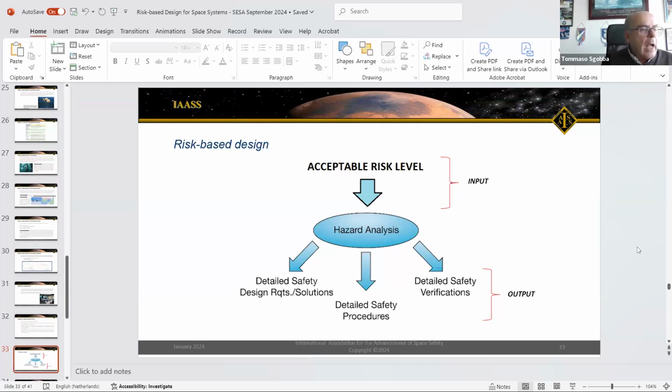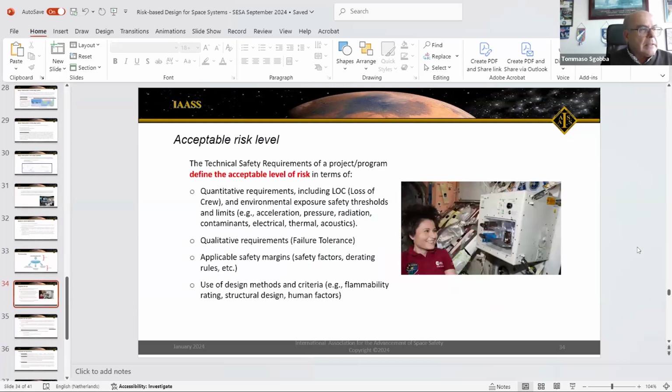How is this level defined? It is defined in quantitative terms, like loss of crew probability. So this could be a goal that is given to the developer to say your capsule shall have a loss of crew probability less than 1 in 270 missions.